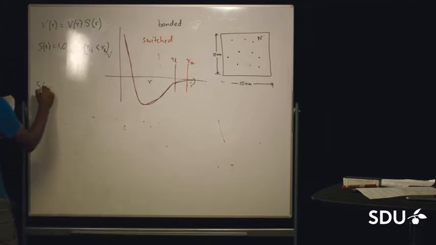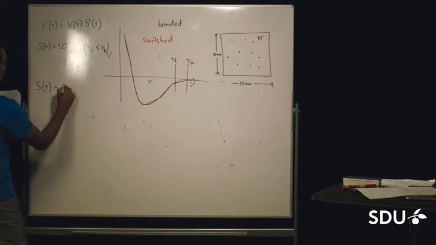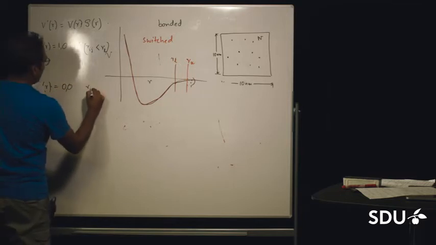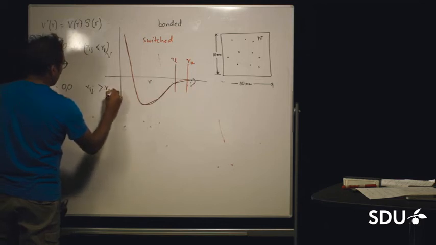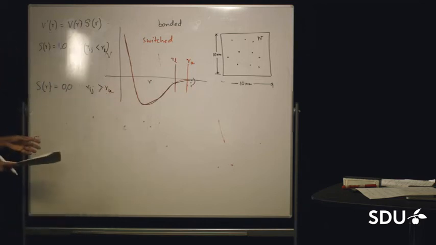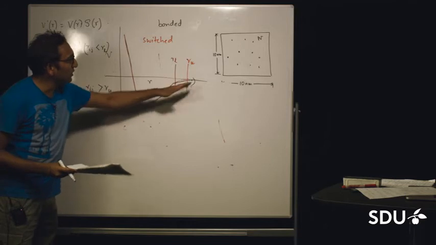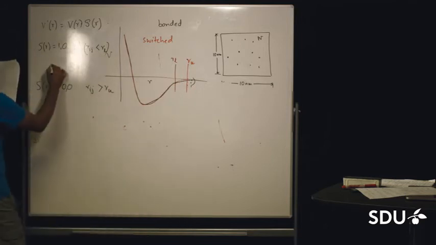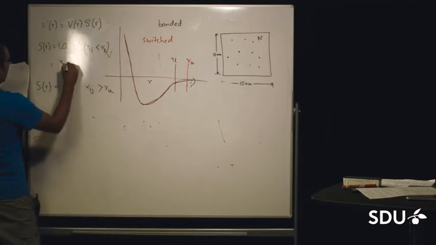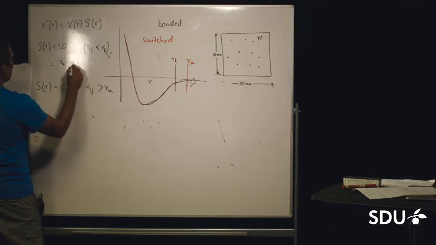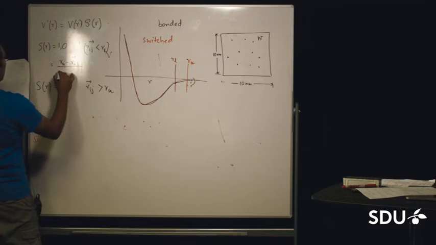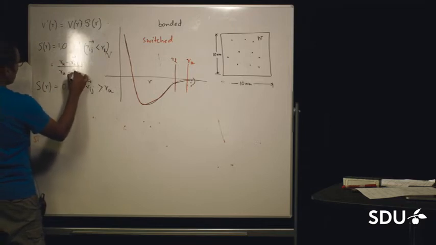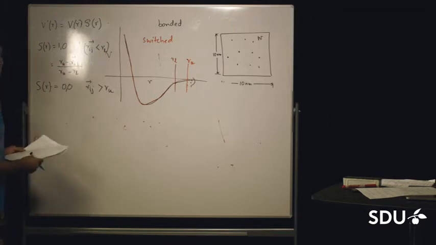So, I can also write S equals 0 for R greater than the upper cutoff, and between these two cutoffs it can be smoothly switched to 0. The form of the function can look something like this: the upper cutoff minus the distance between the two particles, divided by the upper cutoff minus the lower cutoff distance.